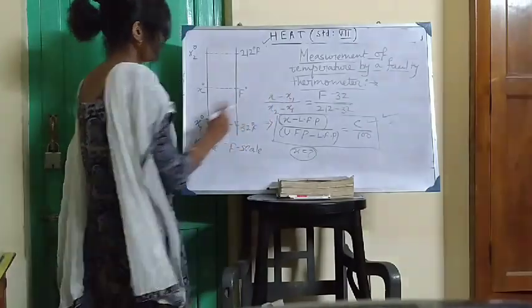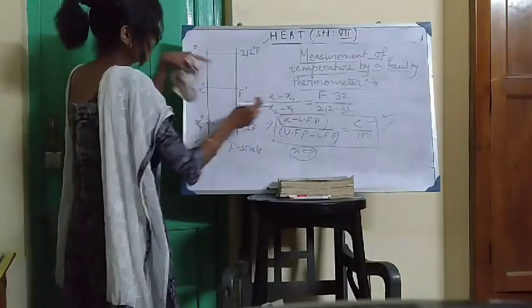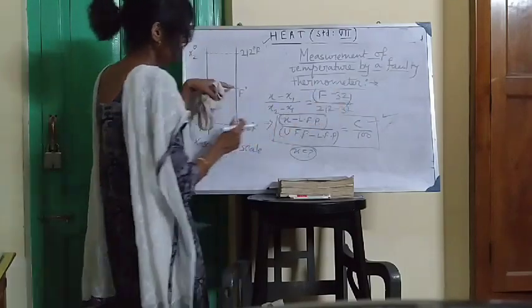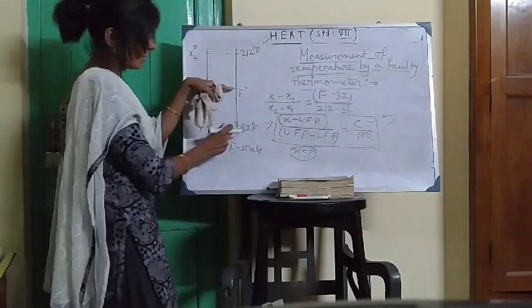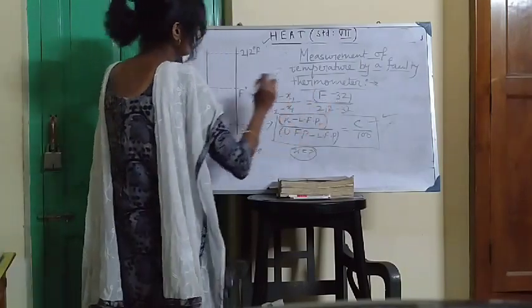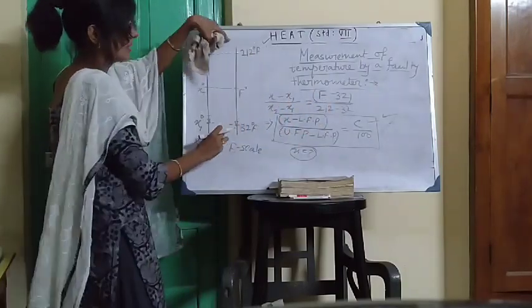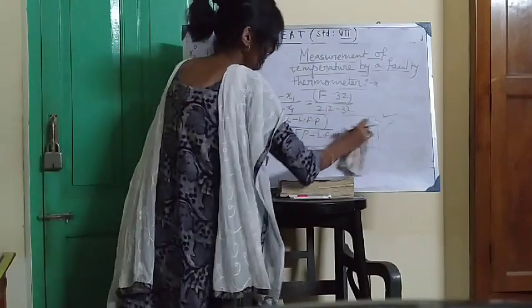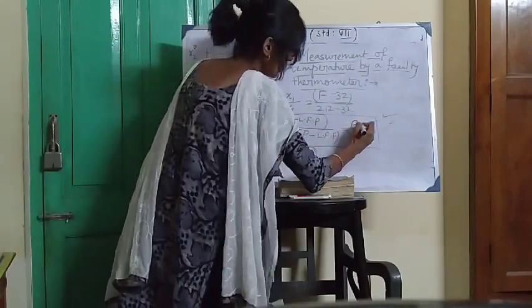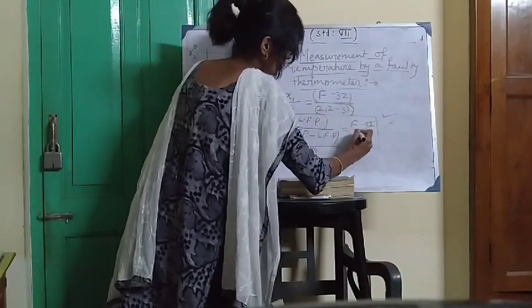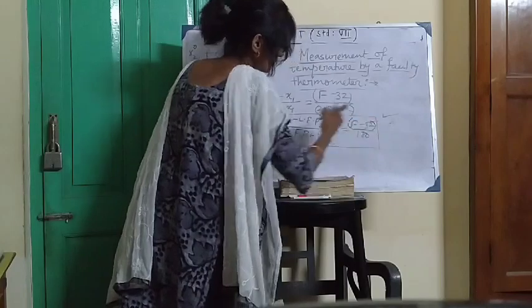Okay, x minus x1 divided by x2 minus x1, take the ratio, same procedure. F minus 32, temperature of the scale minus lower fixed point of the Fahrenheit scale, divided by 212 minus 32. Take the ratio, and then in the next line it will be F minus 32 divided by 212 minus 32, which is equal to 180.